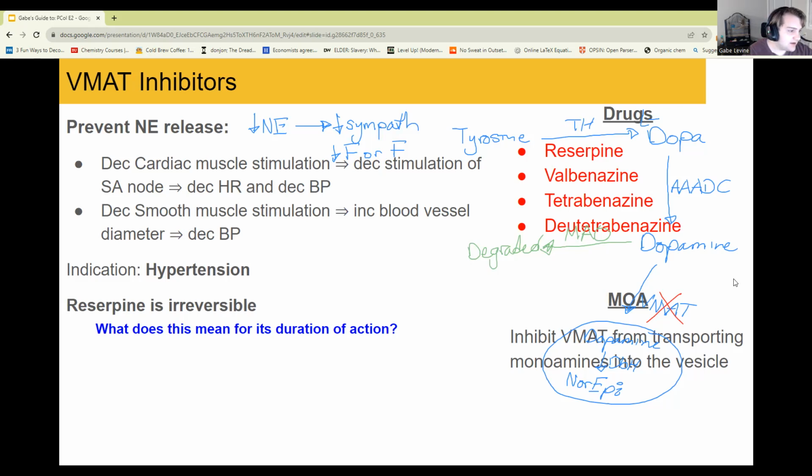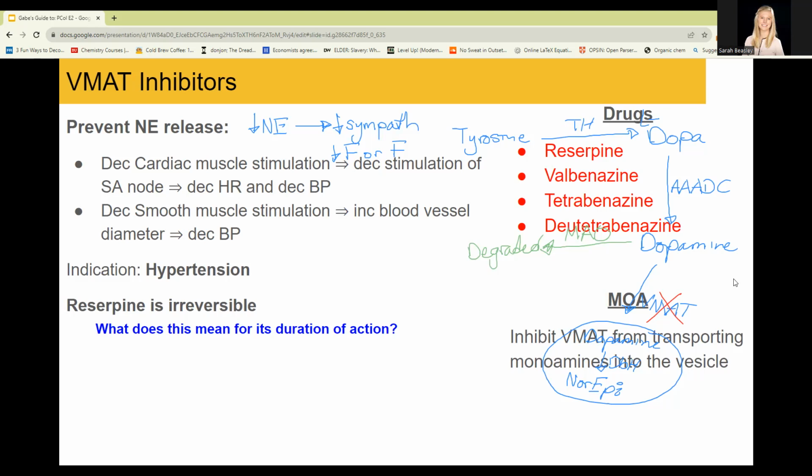Good question. If reserpine is irreversible, what does that mean about the duration of action? Super long. So what does the body have to do to reverse reserpine?